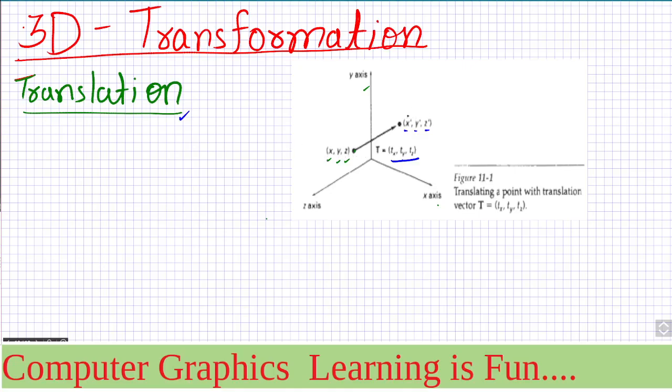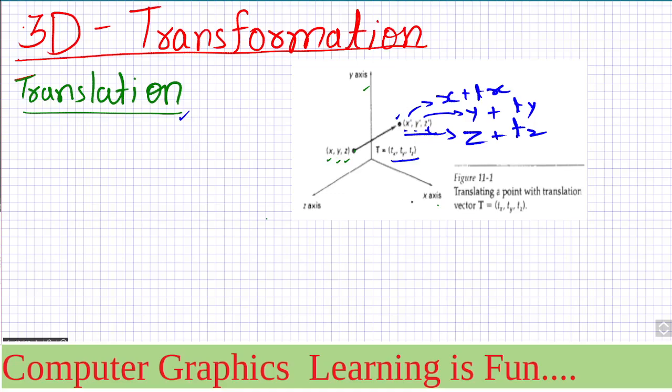So the new x dash will be original x plus tx. Similarly, y dash will be original y plus ty, and z dash will be original z plus tz. So these tx, ty, tz are some values which will be added to x, y and z respectively to get the new position of the point.